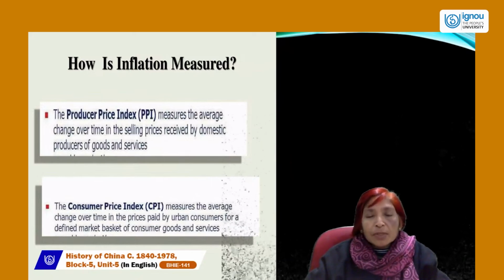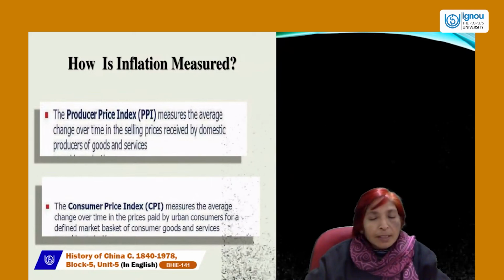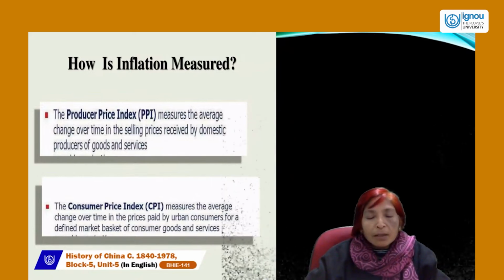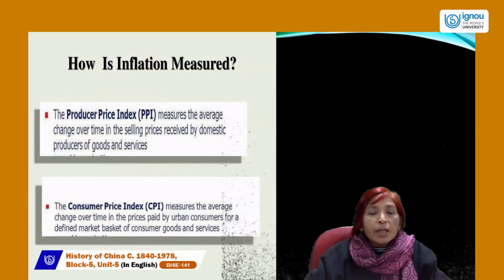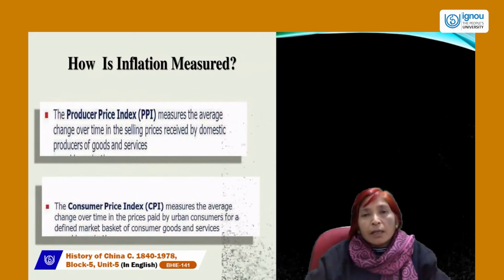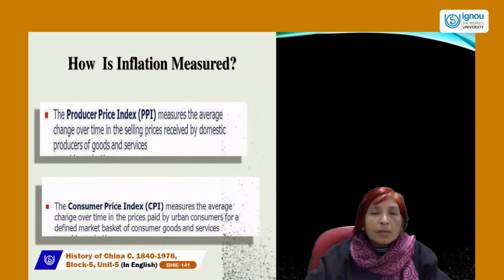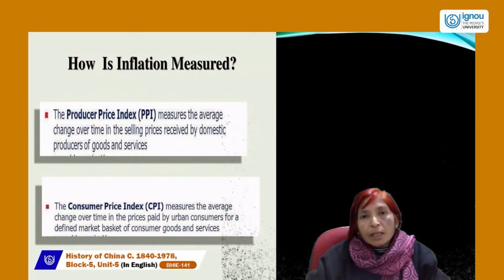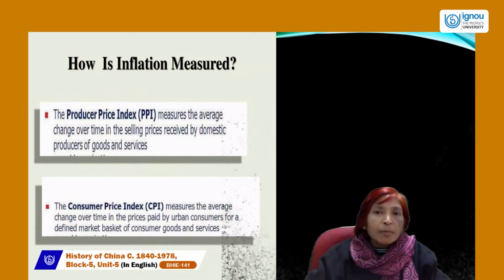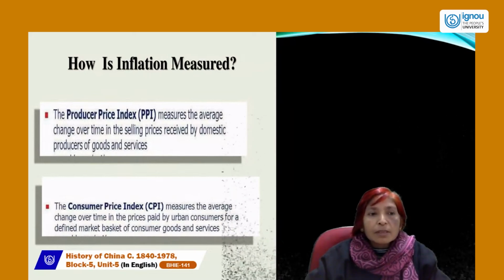You know that a producer produces goods and services and sells them at a particular, fixed price for that commodity in the domestic market or in an international market. So producer price index measures the average change over time in the selling price received by domestic producers of goods and services.